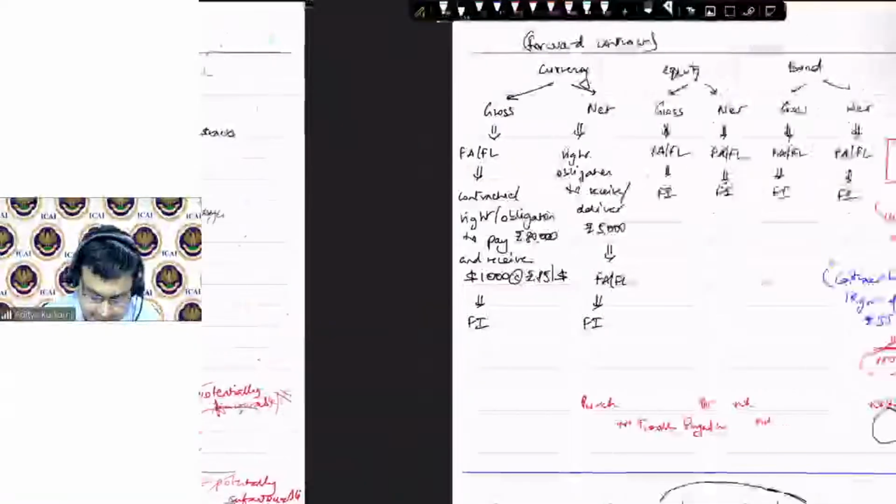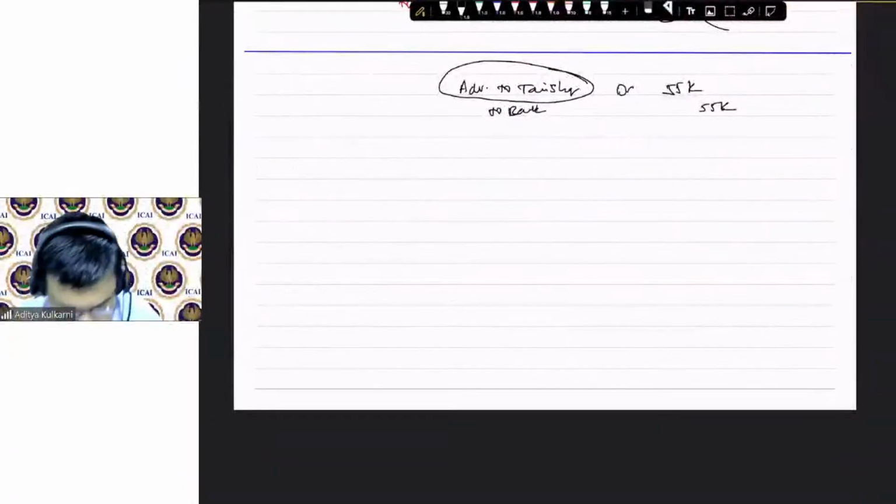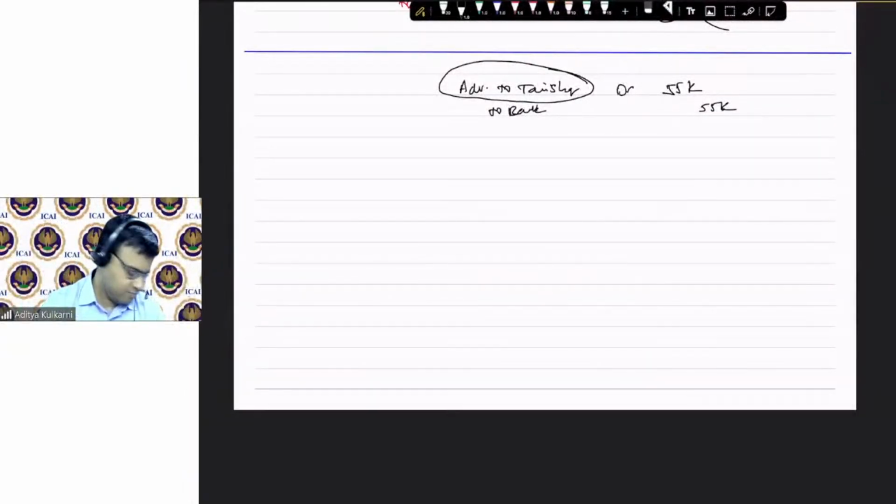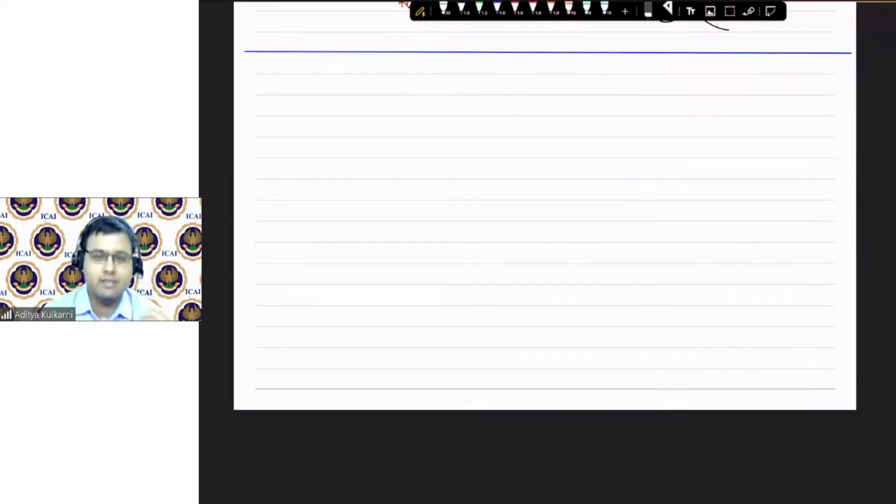Can we move ahead? Okay, let us proceed now. As of now, whatever I teach may appear to be disconnected. Suddenly I start derivatives, suddenly I start convertible debentures, then I do something else.